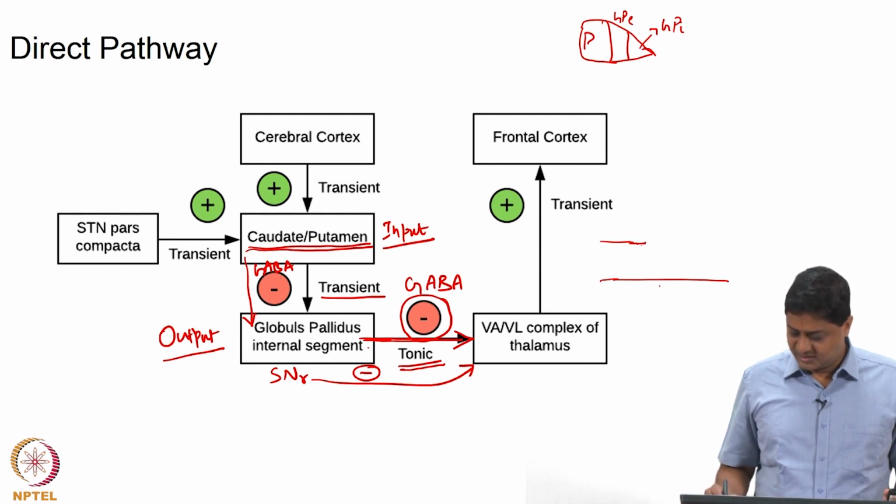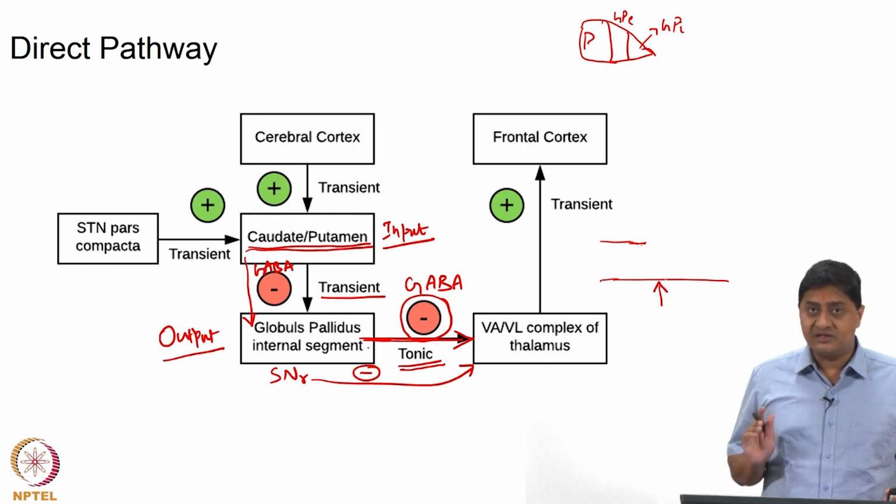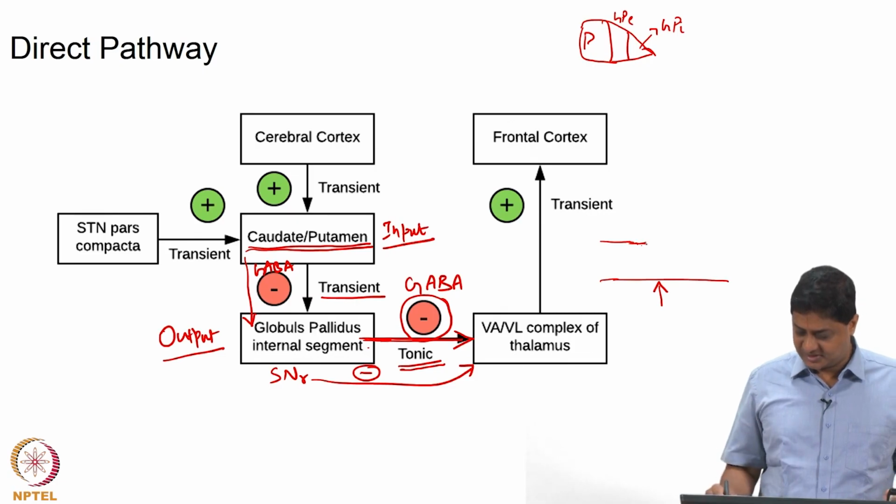Let us suppose at a particular point in time the striatum sends input directly to the GPI and inhibits the GPI activity. Then the inhibition of the thalamocortical neurons comes down and then it continues again.